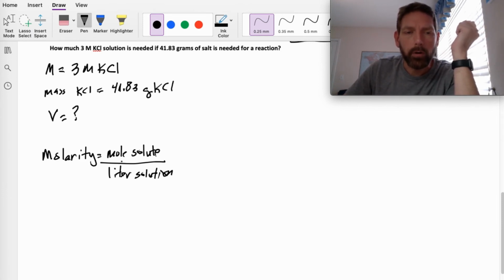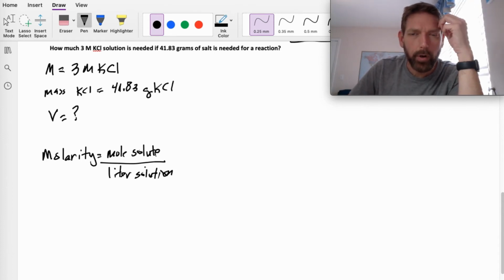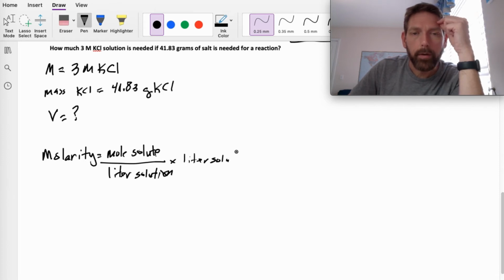So we can already see that before we do any kind of work here, we would have to rearrange this equation so that instead of solving for molarity, we're solving for liters of solution, right? Solving for liters. So you would obviously multiply this side by liters of solution. It would cancel out here. Check, it's gone.